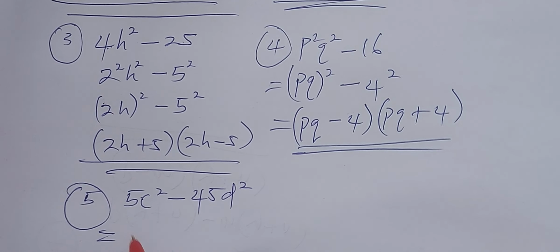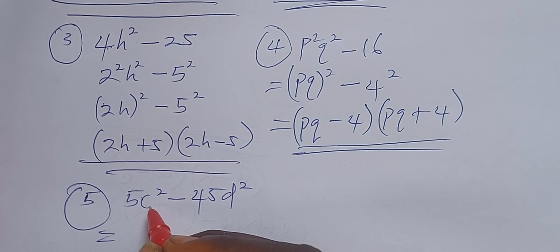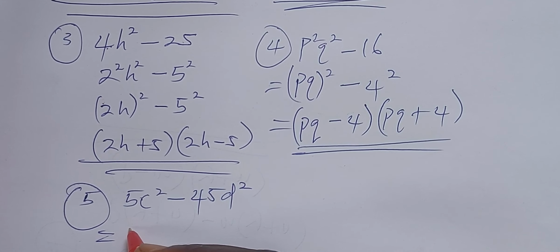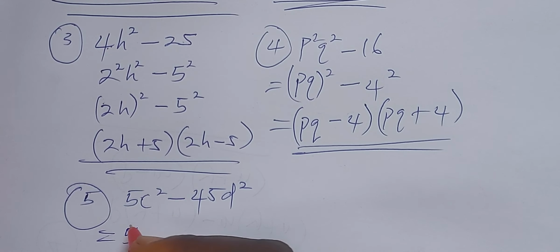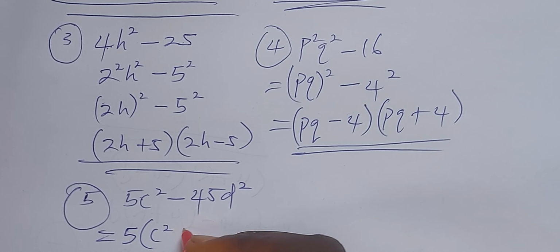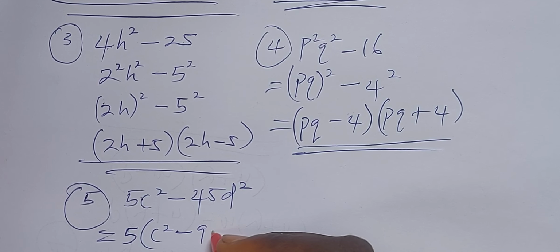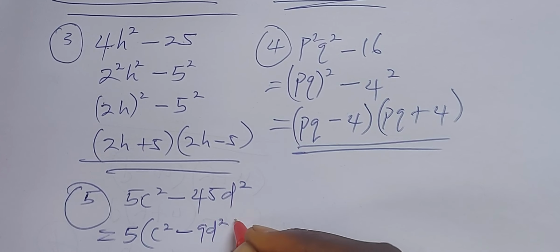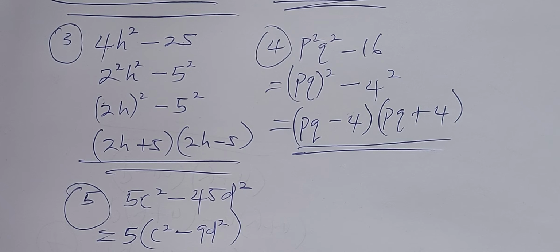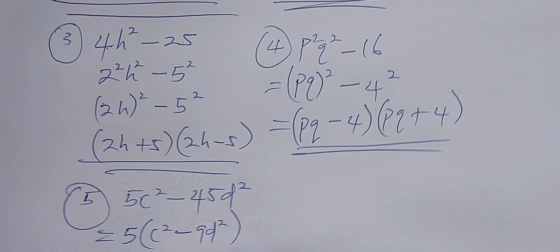We need to reduce this first and see what we are left with. It will be 5 times c squared minus 9d squared. Okay? So you can see that there is a number you square to have 9, and that is 3.